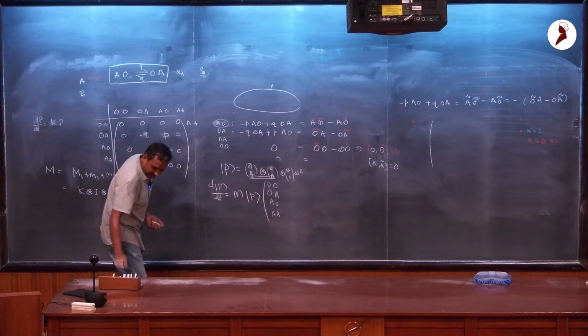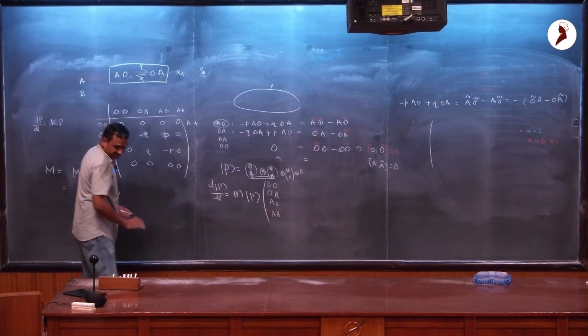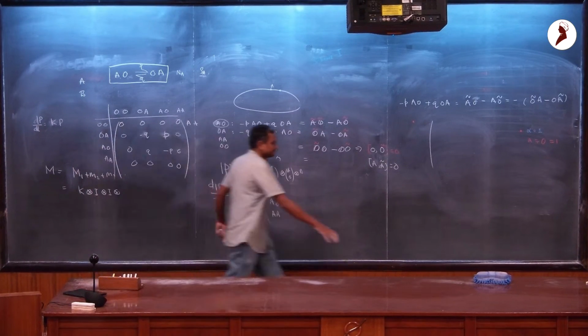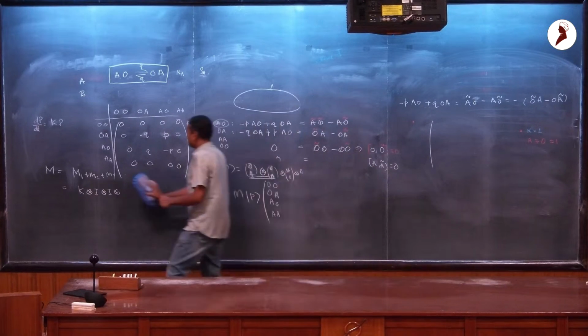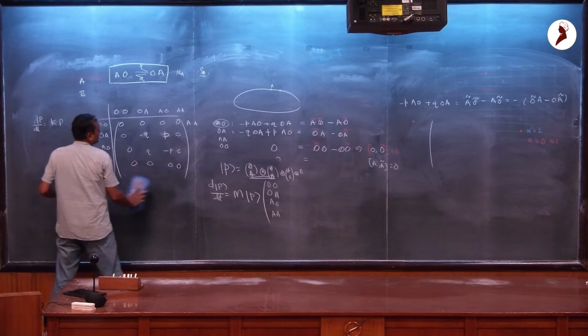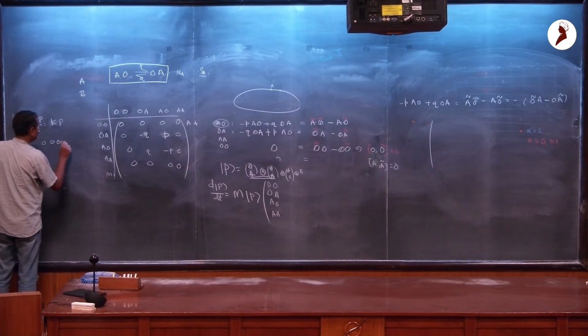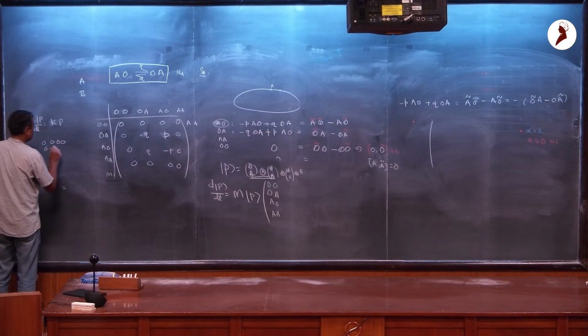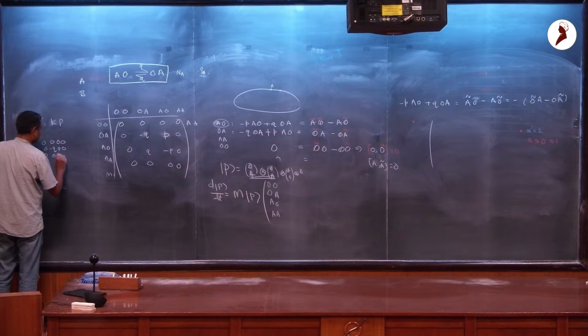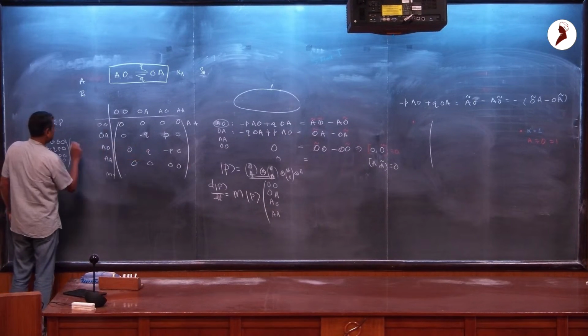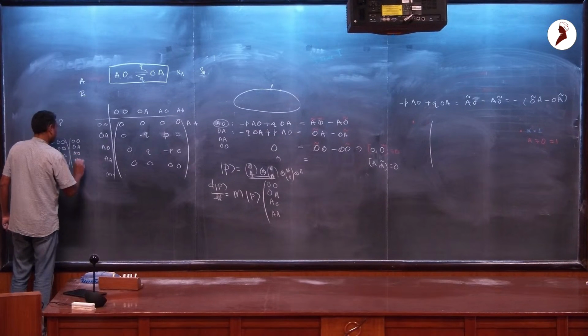So what will my equation be now? This matrix, let me write it again: 0, 0, 0, 0, 0, minus q, p, 0, 0, 0, p, and 0, 0, 0, 0. This matrix operates on the state 00, 0A, A0, AA.